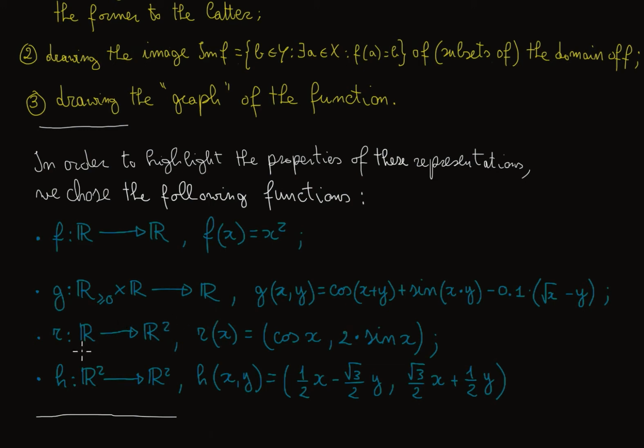The last function is h, which has as the domain R squared, and codomain again R squared. Therefore, to a pair of numbers x, y, I will be associating another pair of numbers defined as 1/2 times x minus square root of 3 divided by 2 times y, comma, square root of 3 divided by 2 times x plus 1/2 times y.